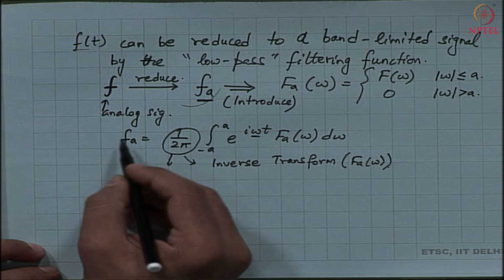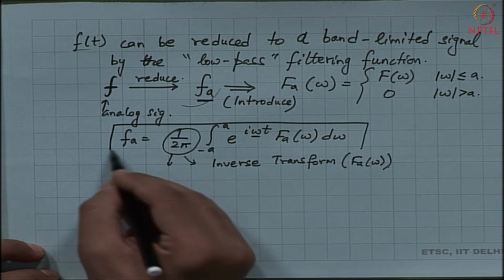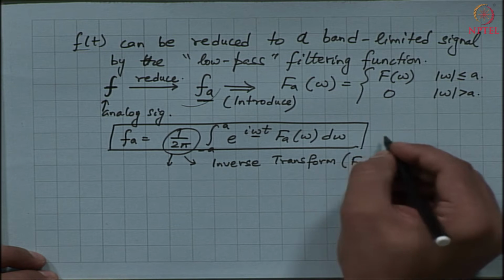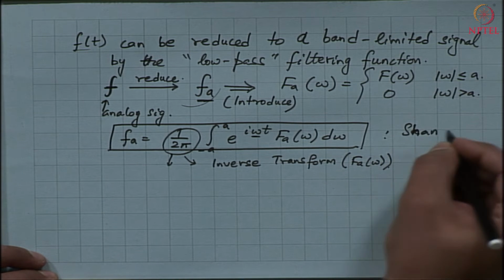Okay. So, this band limited signal defined by this result is also called my Shannon sampling function.